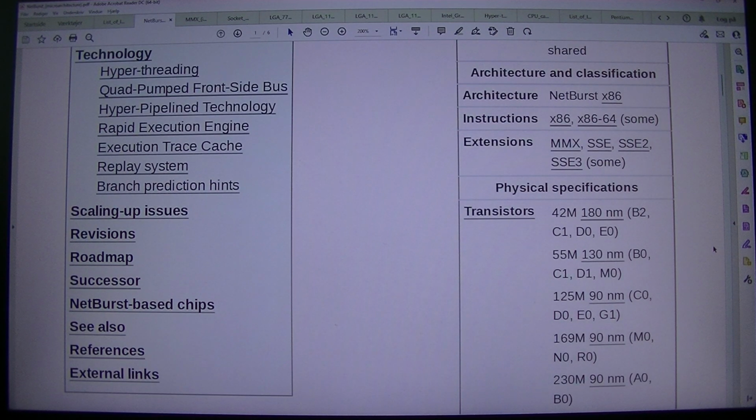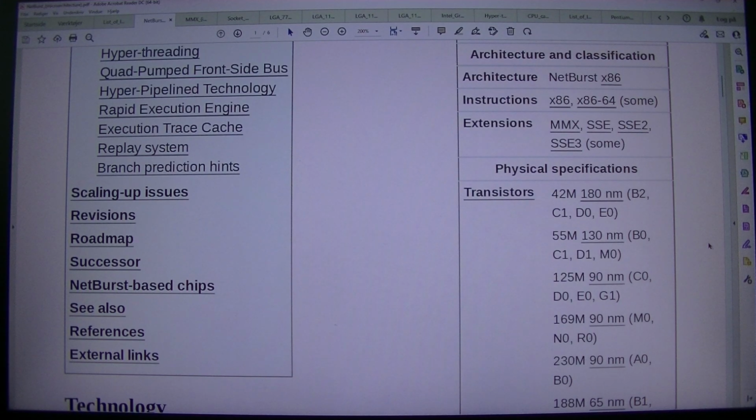x86-64, some extensions: MMX, SSE, SSE2, SSE3.